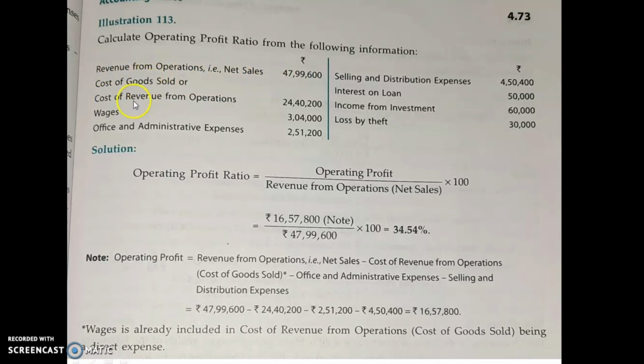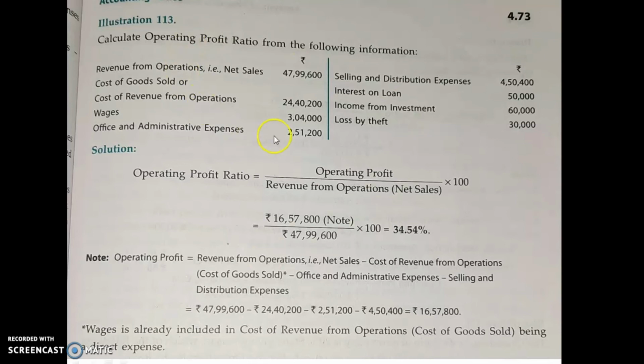So from revenue, if you subtract your cost, you will get the gross profit. So that is what they have done here. They have used the first formula. Okay. What is the first formula? Gross profit plus operating income minus operating expenses.